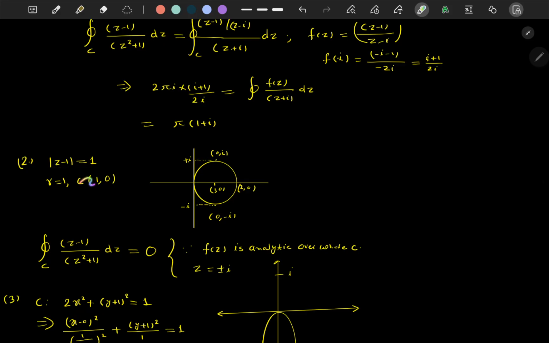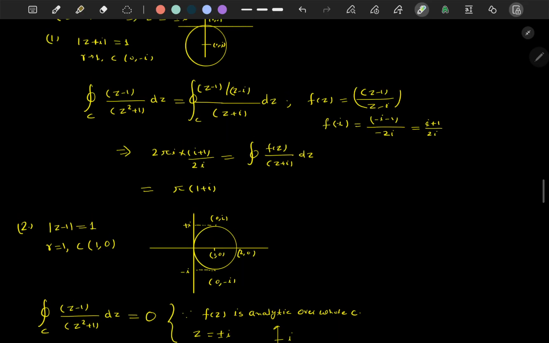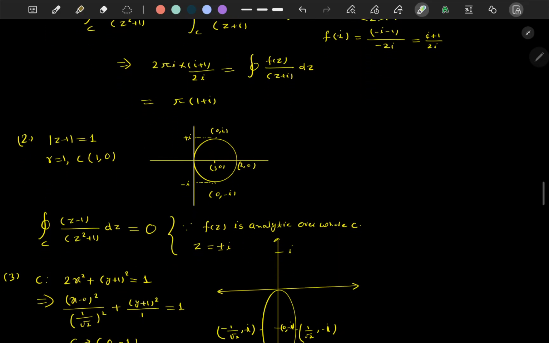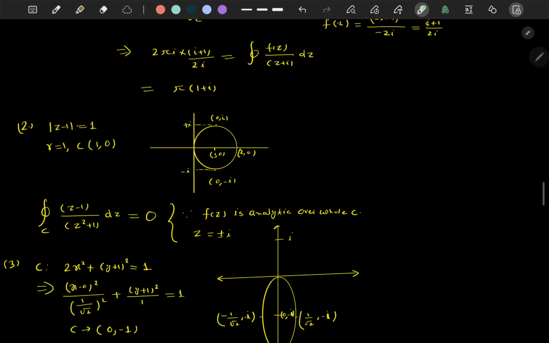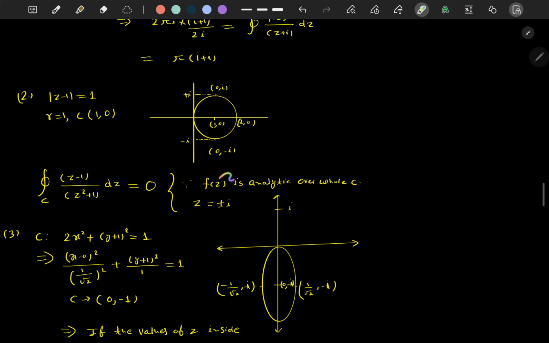It is 1 comma 0 is the center and the radius is 1. And you can clearly see here the radius is 1, so clearly the value of integration will be 0.